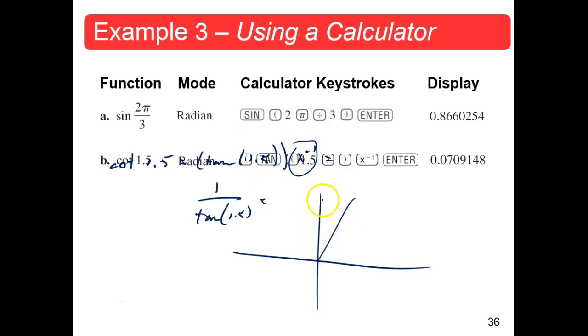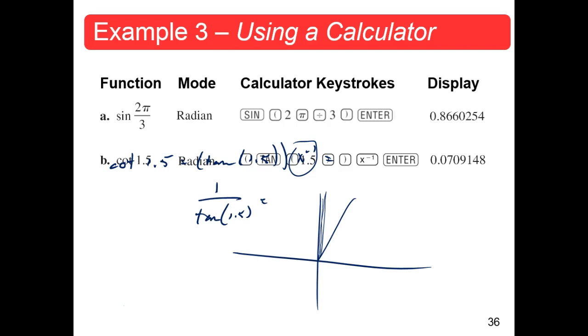So you're awfully close to vertical, but not quite there yet. So you're still in the first quadrant, but at an angle very close to 90 degrees.